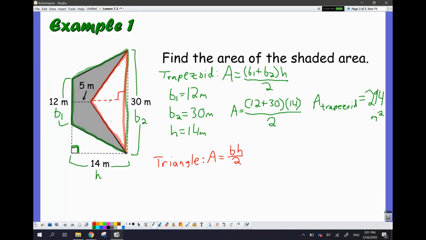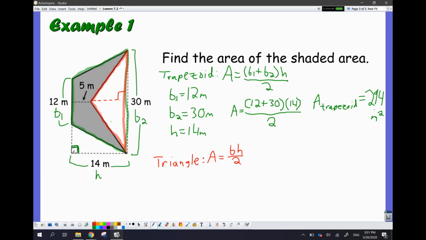Now, is this line the same as 14? Does it go all the way from the right to the left? No, because there's this part that's 5 meters, which means that this is not 14. So I need to find out what is this length right here.